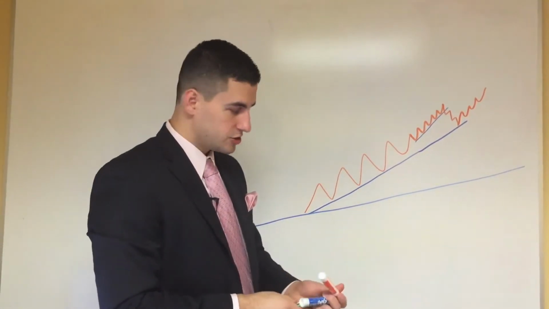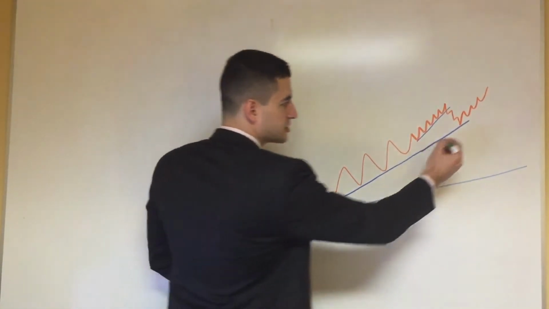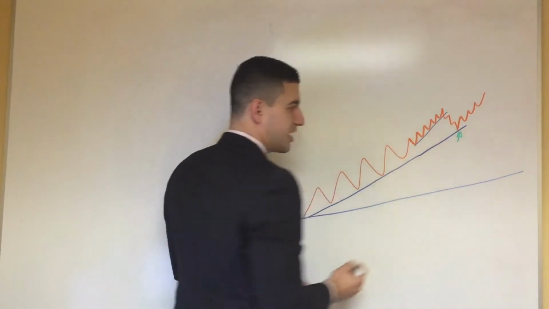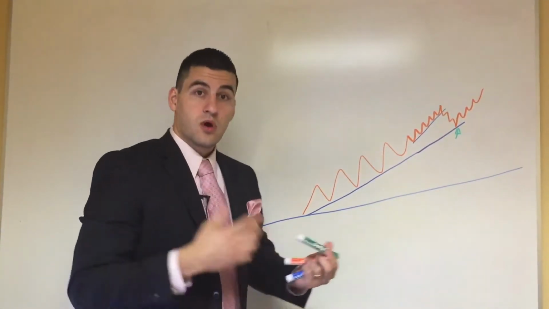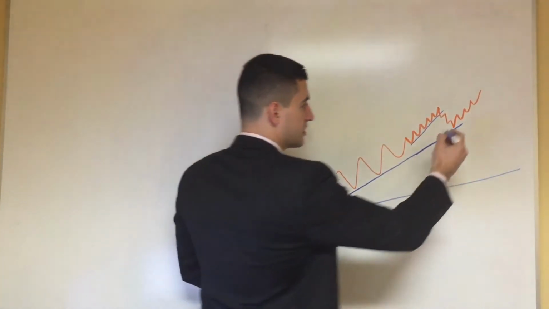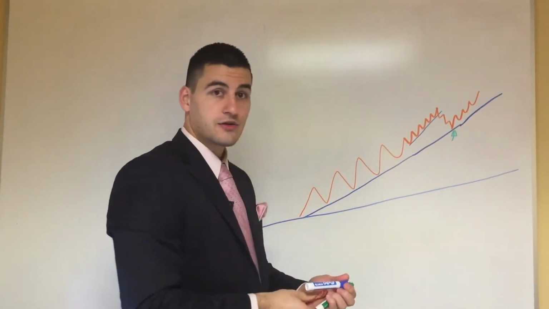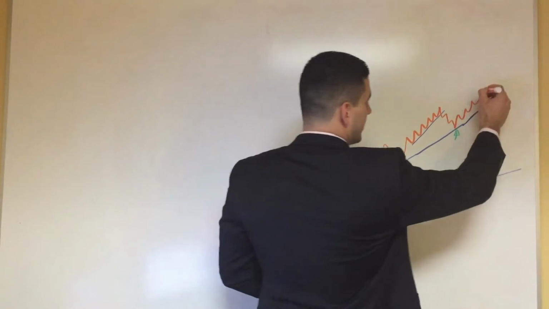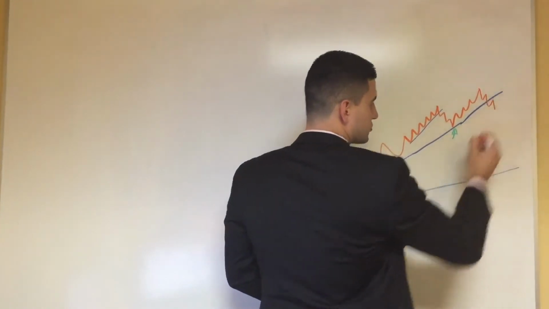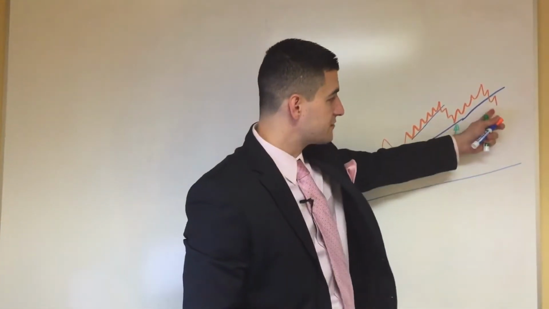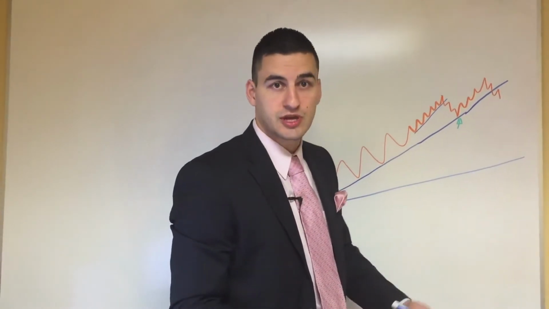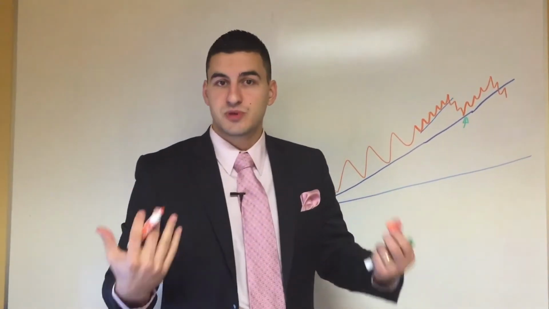You as a trader, you need to be well aware of these areas because you want to buy those areas. Now, what happens if the market breaks your outer trend line? Well, if the market breaks the outer trend line, usually it will gravitate towards the long-term trend line. Why? Because the market speed is slowing down.